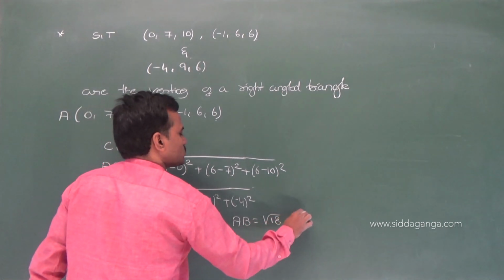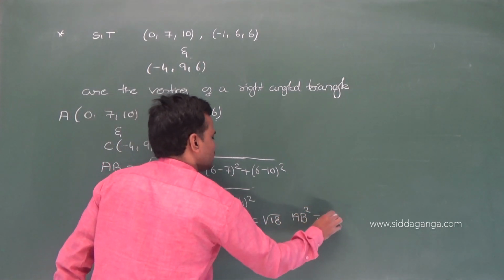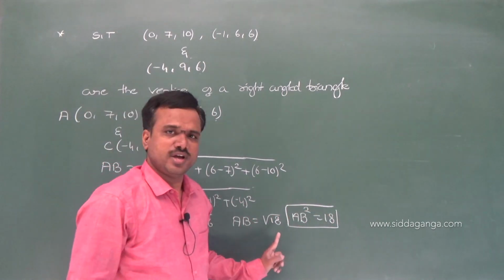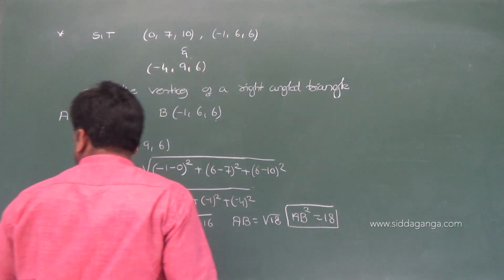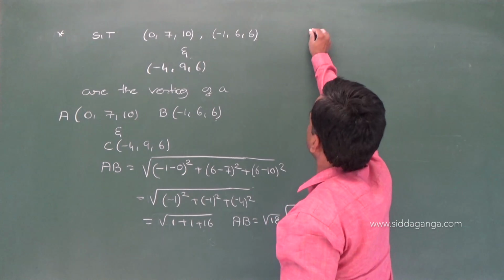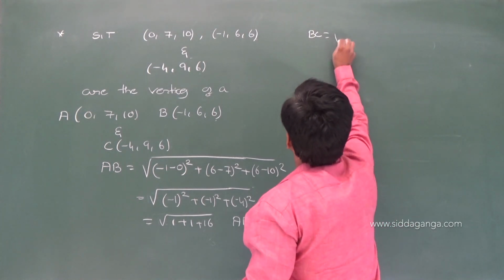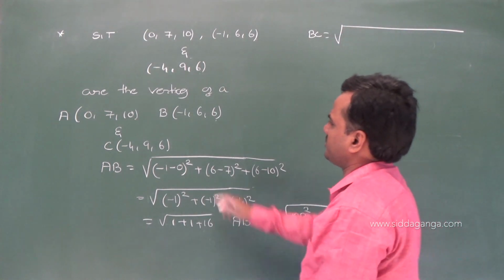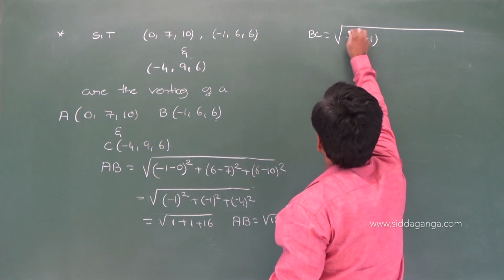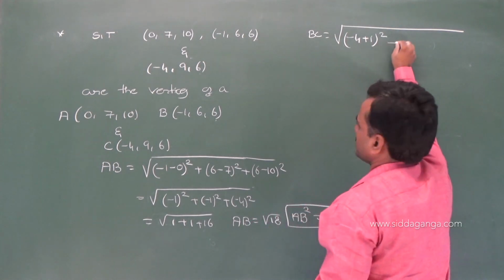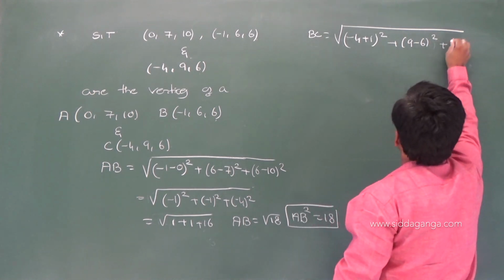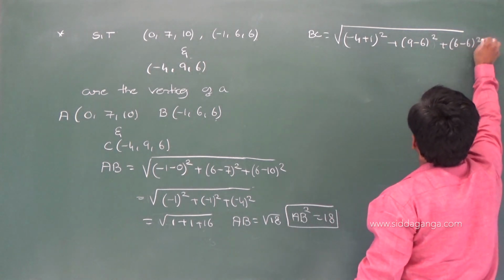So I calculate AB square; the square root gets cancelled. It is 18. Correct now? AB is equal to square root of 18, AB square is 18. Then we find the distance from B to C. It is (minus 4 minus of minus plus 1) whole square plus (9 minus 6) whole square plus (6 minus 6) whole square.